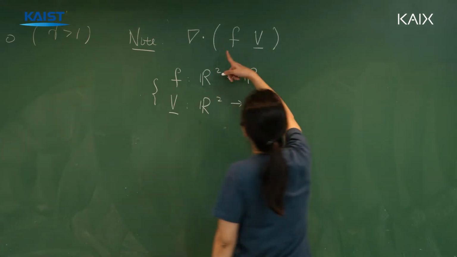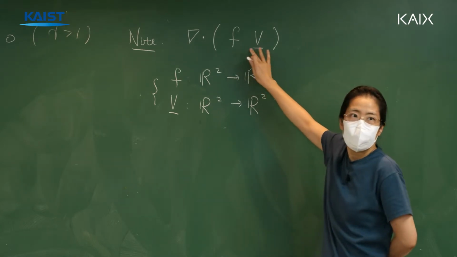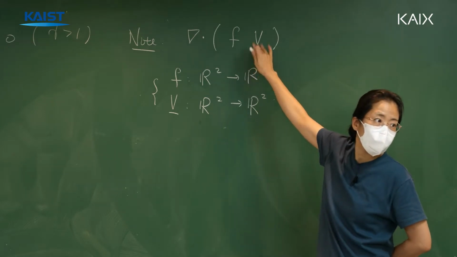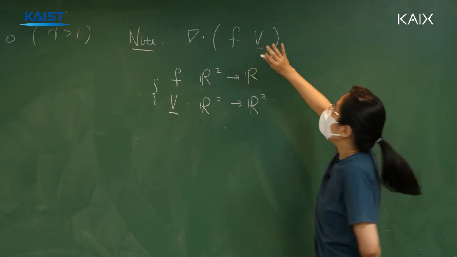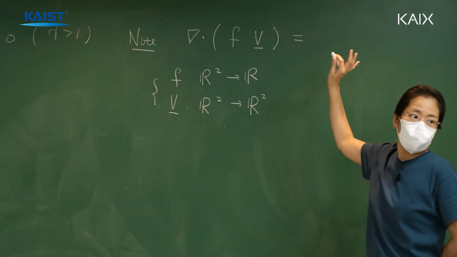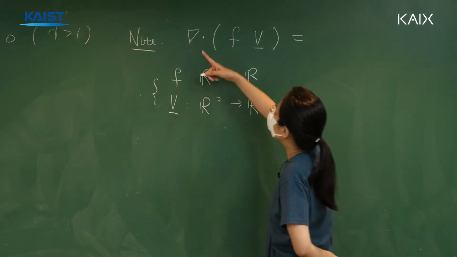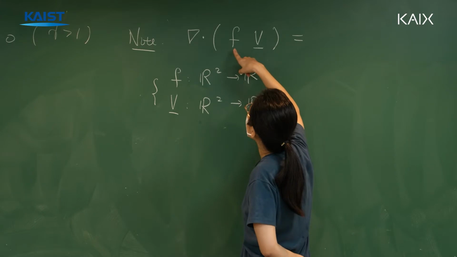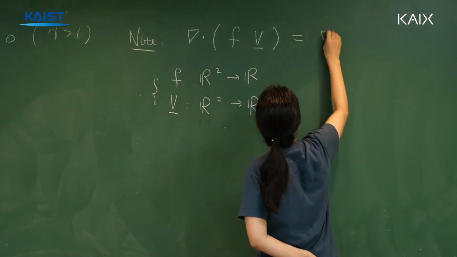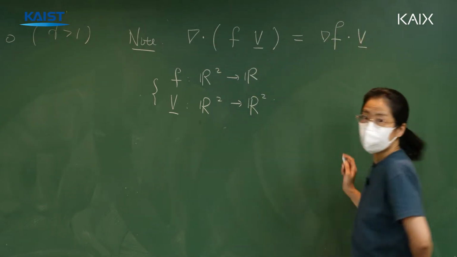Okay, so the divergence of this one. First of all, the product of a scalar function and a vector field is another vector field, right? So it makes sense to take the divergence of this vector field. And what is the result? Well, you just apply the same product rule. If the derivative is taken on f, it becomes a gradient, so you have the gradient of f dot product with v.